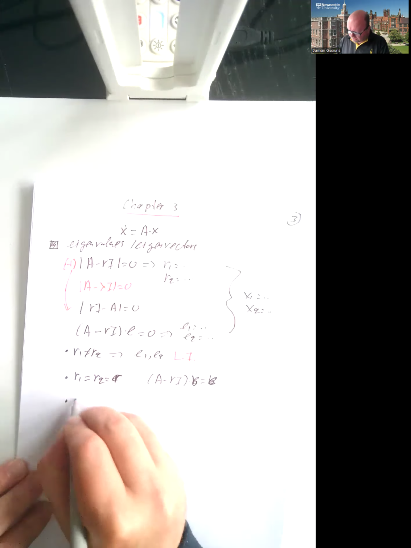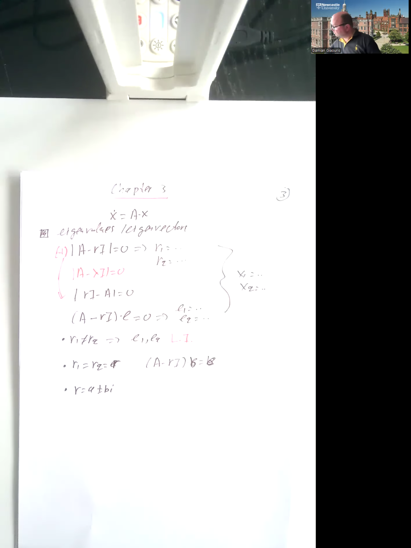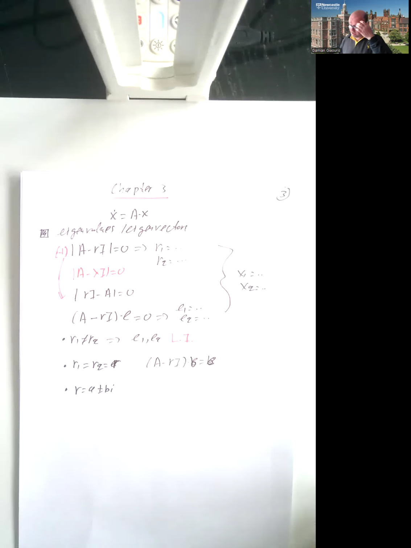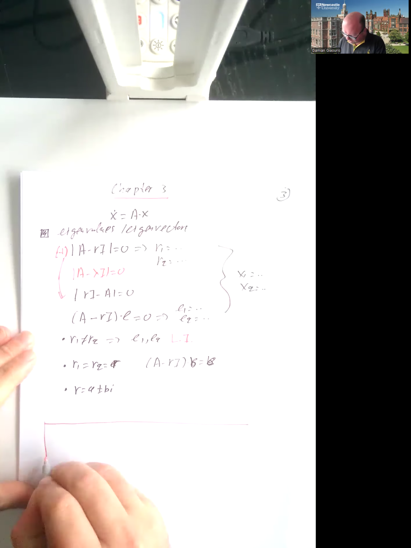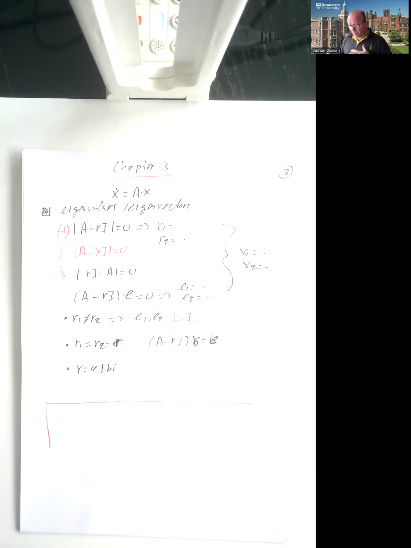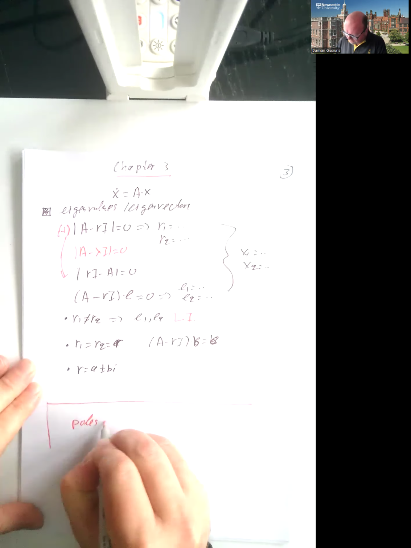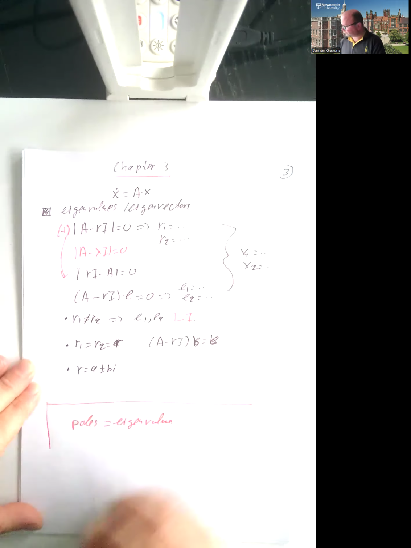And the third case is when R is A plus minus Bi. It is that case for ODEs where you have complex eigenvalues and poles. I want to pause here a little bit and highlight something because I got a few questions about this. You can keep hearing me talking about poles and eigenvalues. It is exactly the same thing.